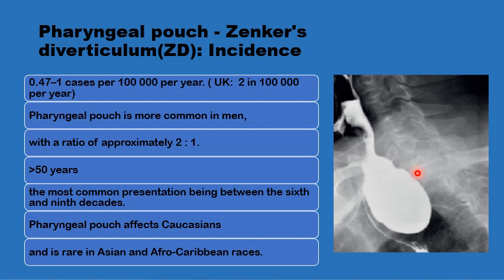They also affect the older age group, usually above 50 years. The most common presentation will be between the 6th and the 9th decade. Pharyngeal pouch affects Caucasians more and is quite rare in Asians and Afro-Caribbean races.